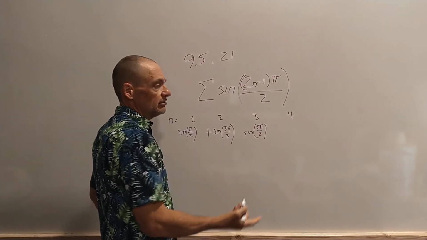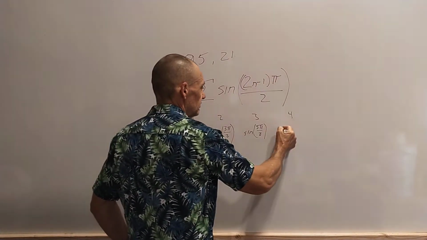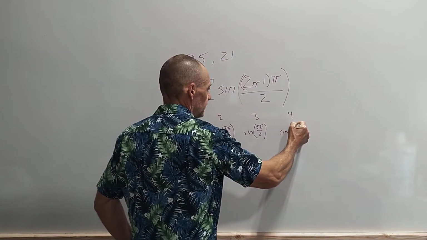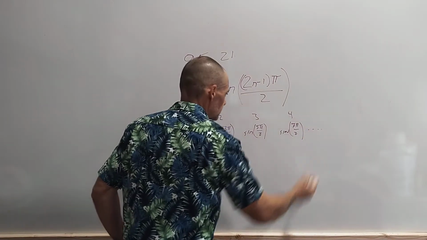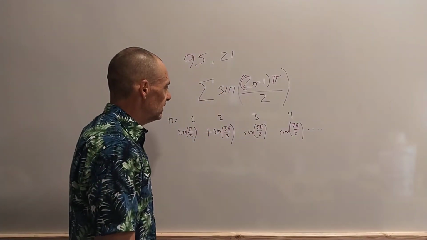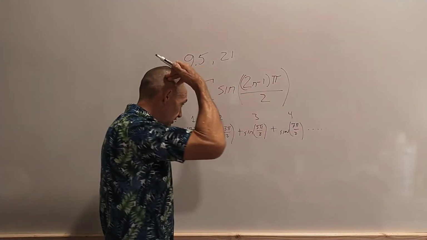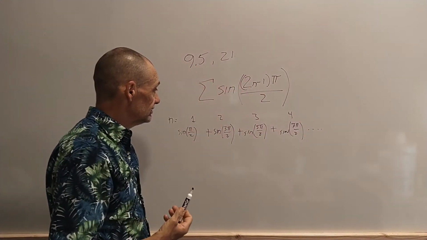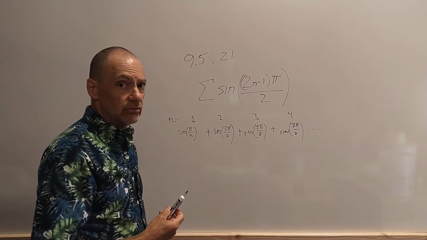The next one is going to be sine 7 pi over 2: 2 times 4 is 8, minus 1 is 7. So I understand what this is. This is the sum, and it's just odd numbers times pi over 2, basically.